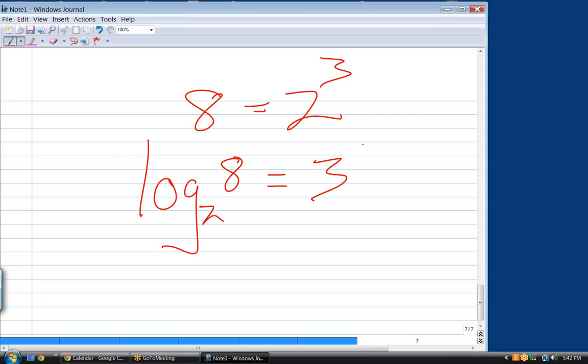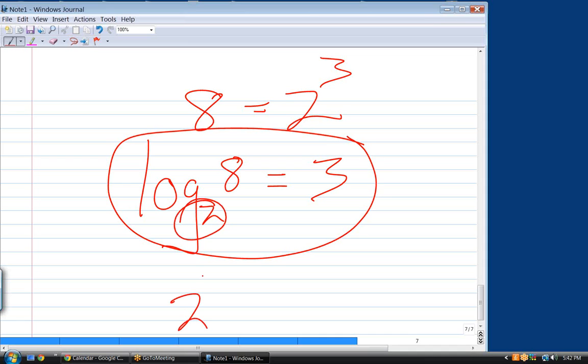And then if I gave you that, and I said express that exponentially, then I'm going to take the number on the far left. I'm going to raise it to the power of the far right, and it equals what's in the middle.